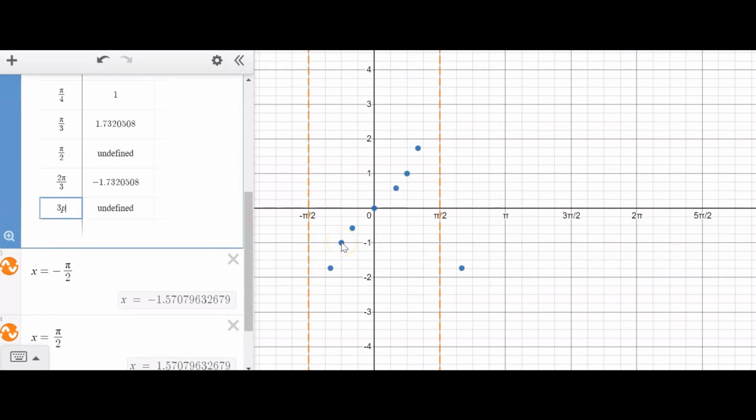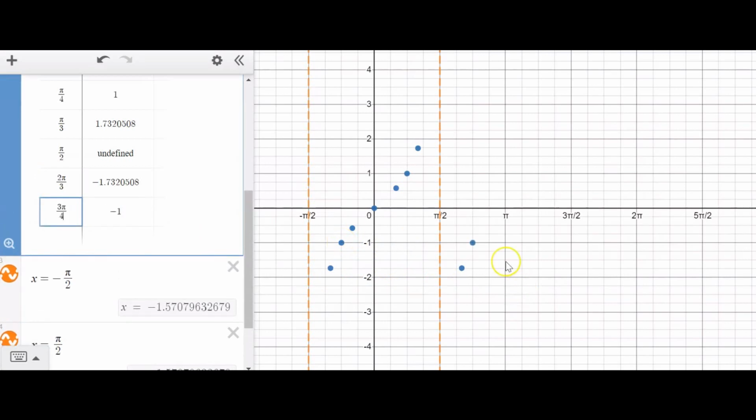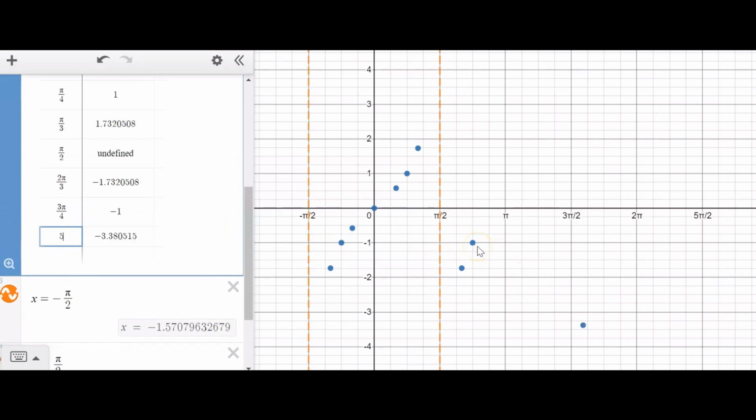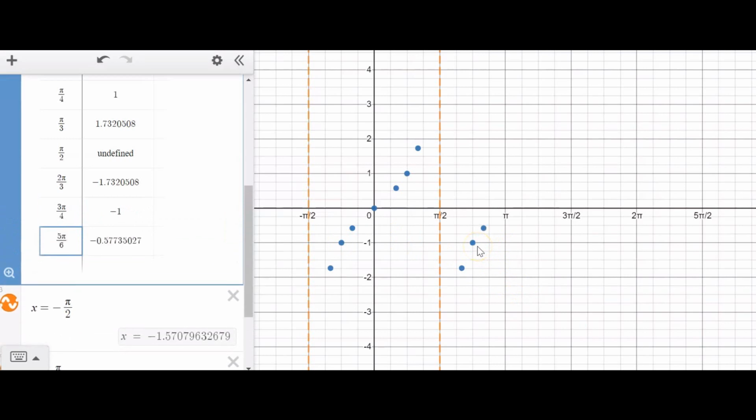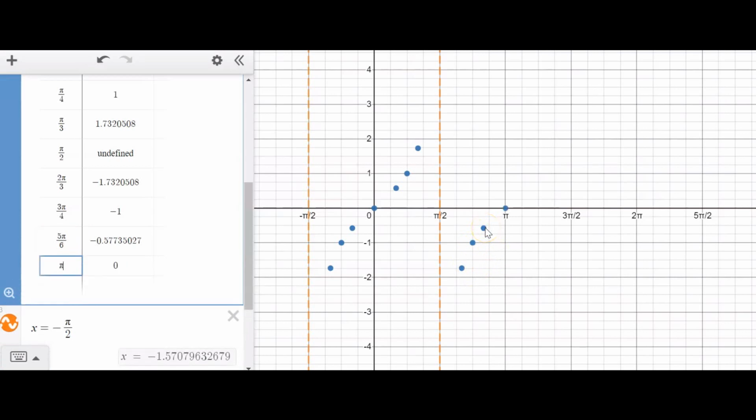Well, sure enough, 3 pi over 4 gives us negative 1, and then 5 pi over 6 gives us negative square root of 3 over 3, and then pi gives us 0. So look what we're seeing. We are seeing a repeat of this pattern right here. Chances are we're going to see these 3 points right over here again, and then probably another vertical asymptote.